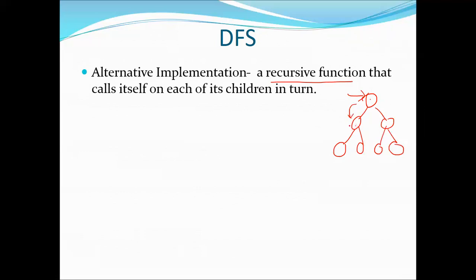If not, the algorithm calls DFS on its left child. Basically, the algorithm only checks whether the particular node is a goal state or not. If it is not, it will again call the same algorithm on its child. This process continues until it reaches the leaf node. After reaching the leaf node, there is no child, so automatically the algorithm will return. It will go back to the caller. So it will go here.